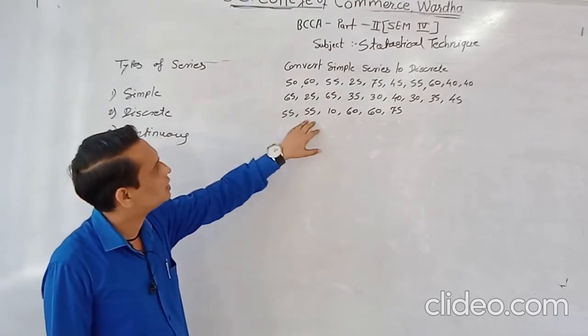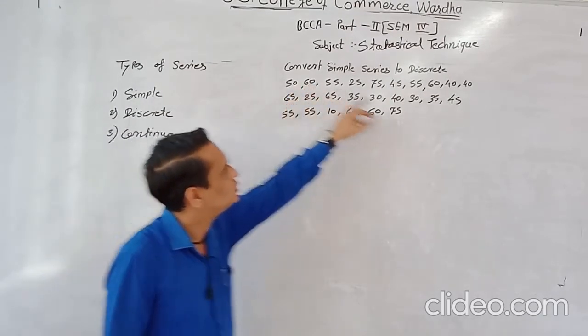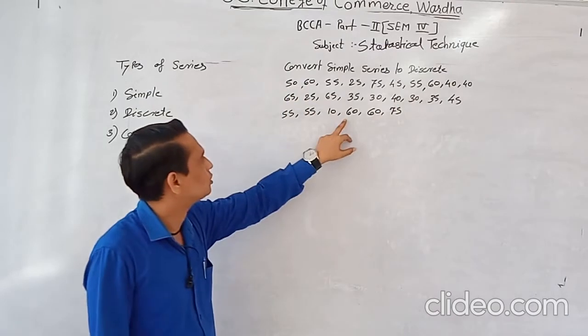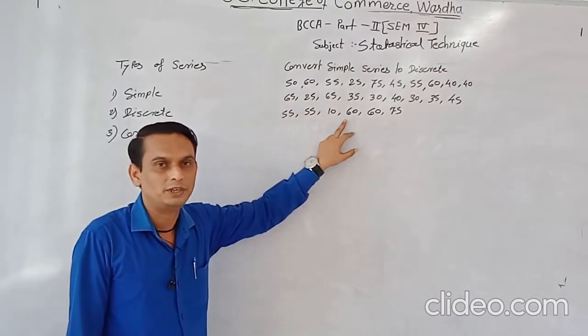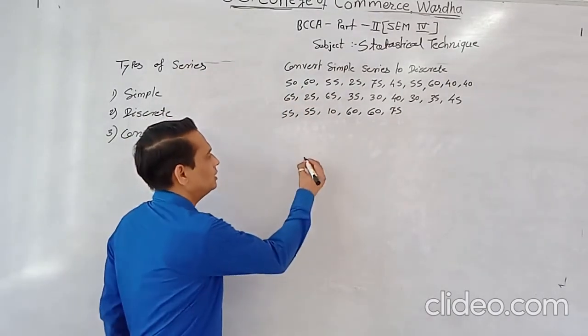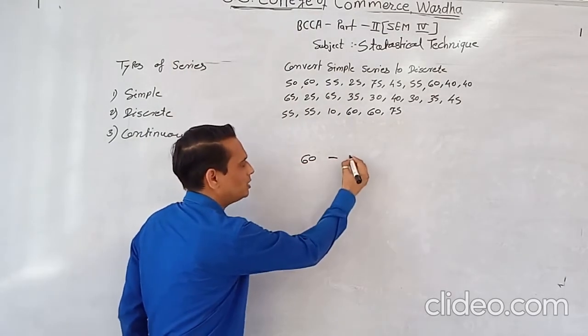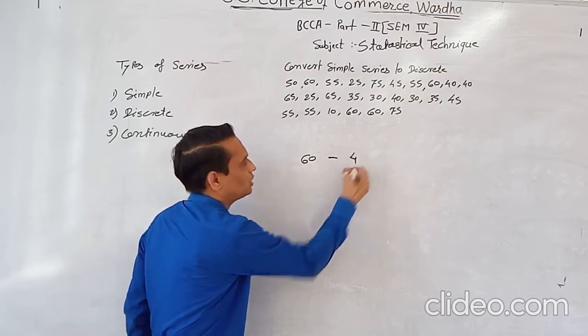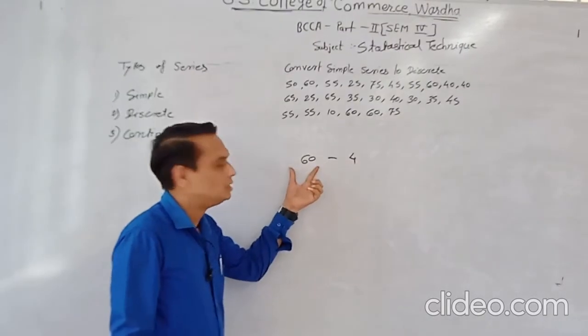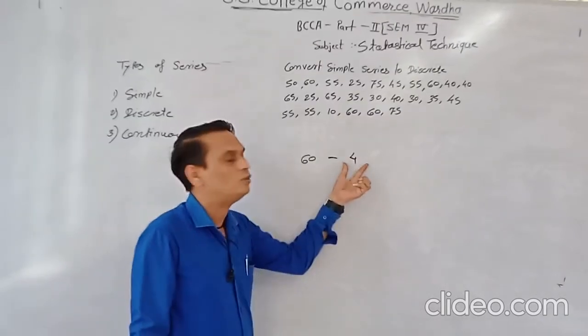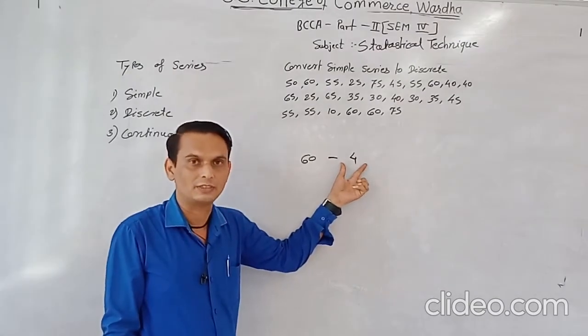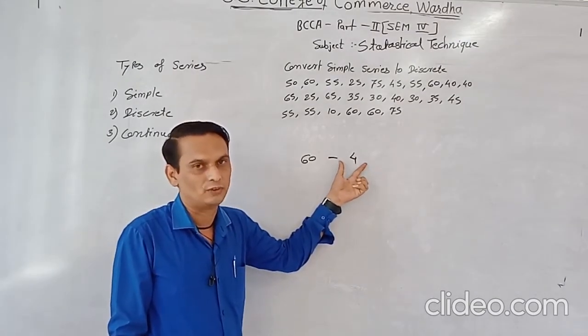Just like in this example, 60 is repeated 4 times. So if we write it, the element 60 is available in the series 4 times. So 60 is the observation and 4 is its frequency.